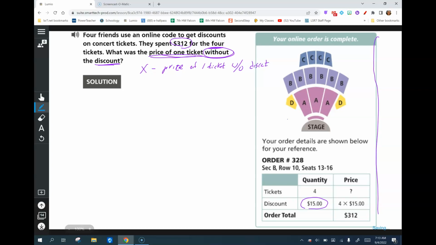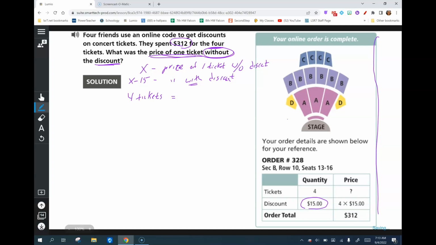So what's the price with the discount? So price with discount would be x minus 15. Okay, that's the price with the discount. And it's really helpful if you write that down because then it's going to make more sense. Now, we bought 4 tickets. Okay, so 4 tickets.